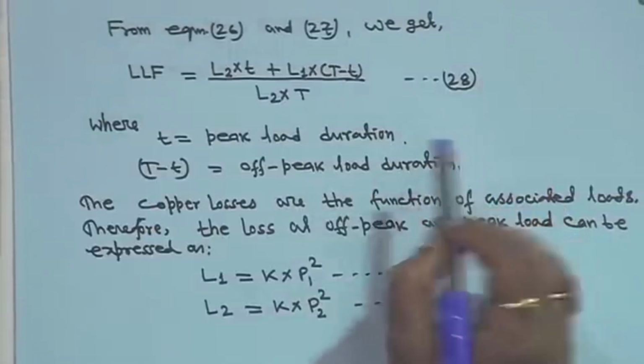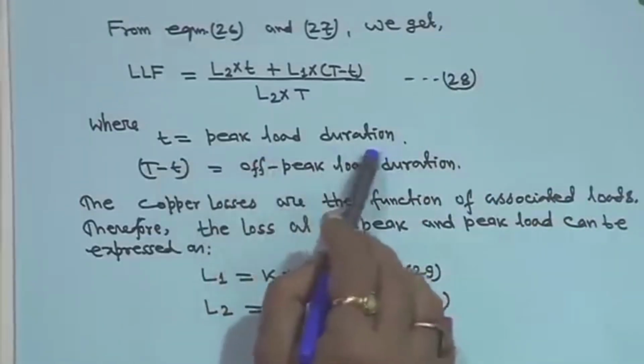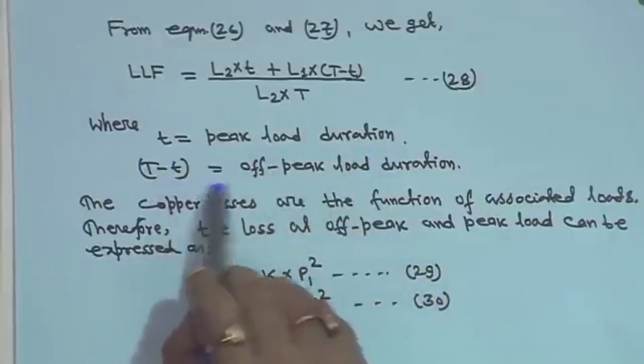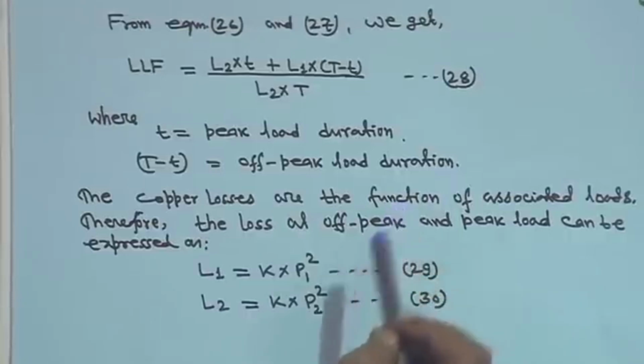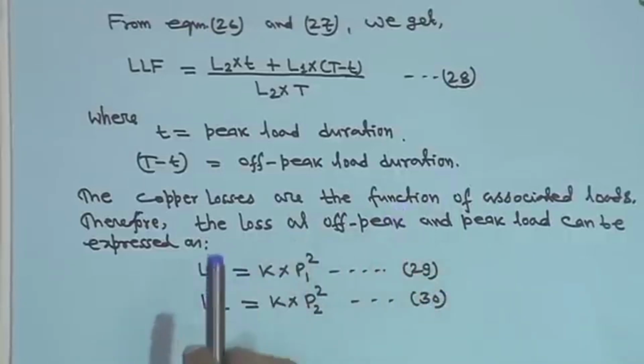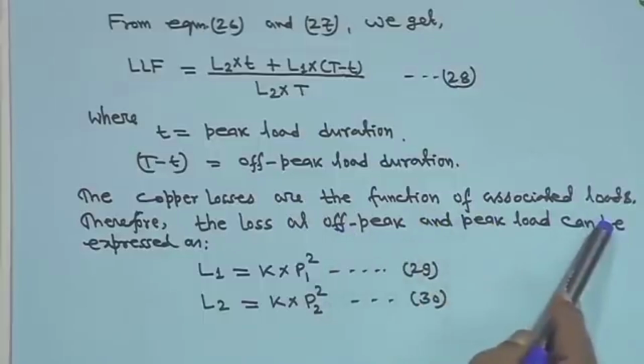Now, small t is the peak load duration and capital T minus small t is the off peak load duration. Now, the copper losses are a function of the associated load. We know that power loss is in general I square R loss, right, and I means the current, and hence the current depends on the load only.